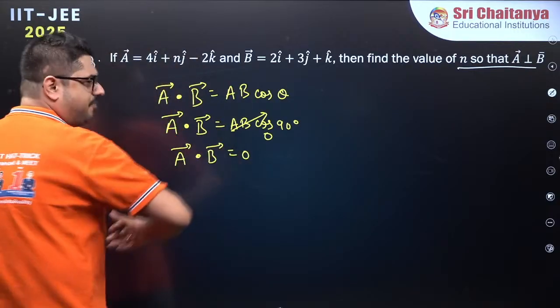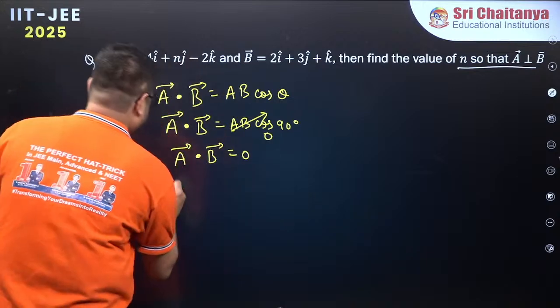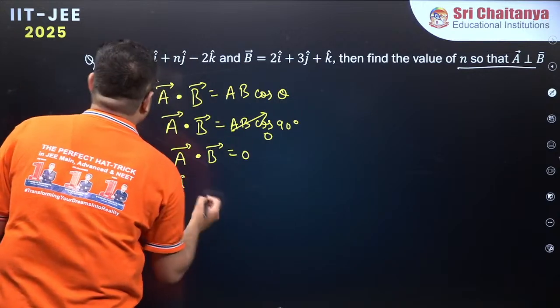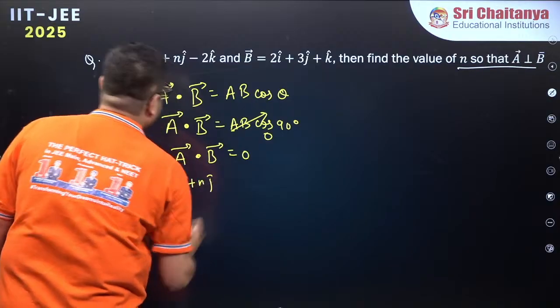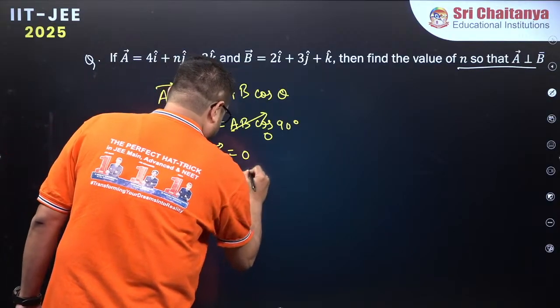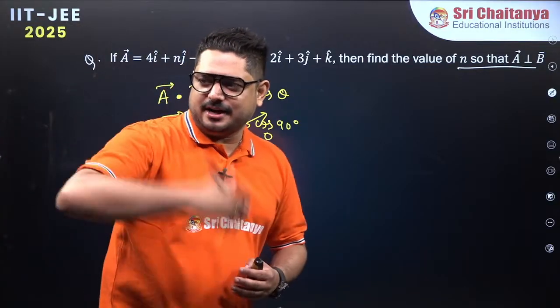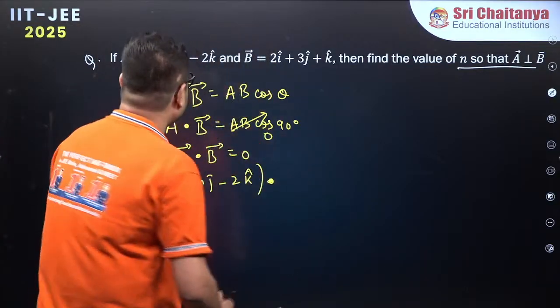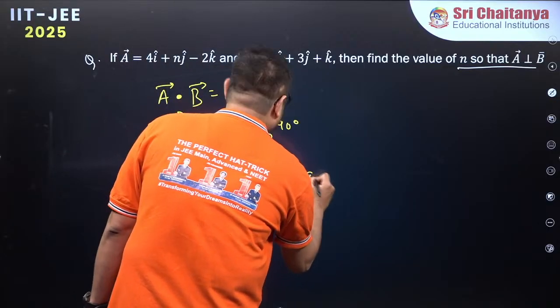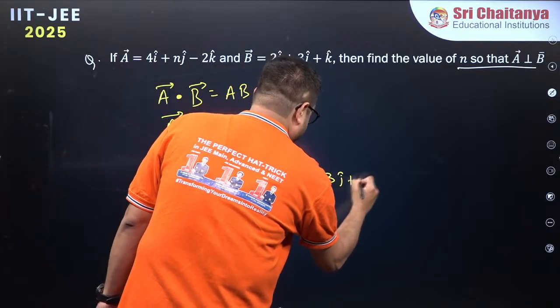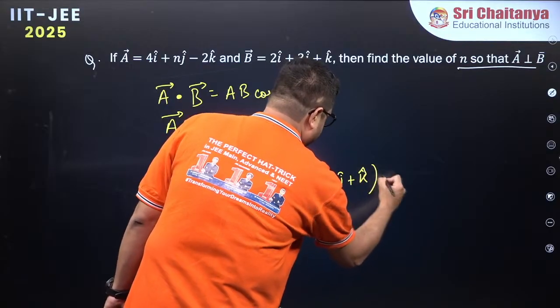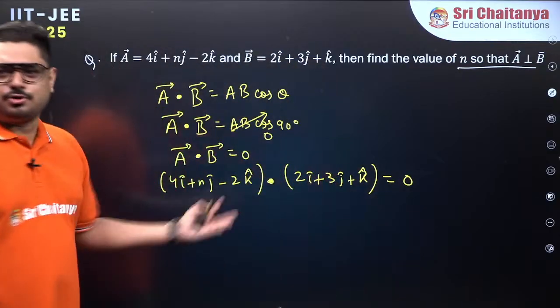So now let's try to perform the operation. The operation is stated as 4i cap plus nj cap minus 2k cap, dot means we are trying to perform the dot product, dot 2i cap plus 3j cap plus k cap is equivalent to 0. We need to solve the dot product.